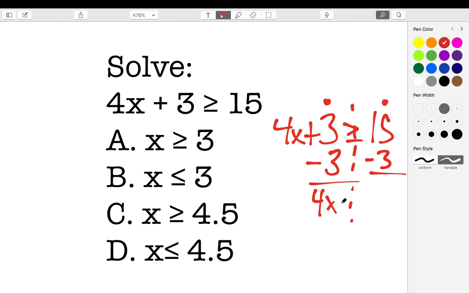Okay, read the rest of the line. What should I put next? So what do you think I should put next?